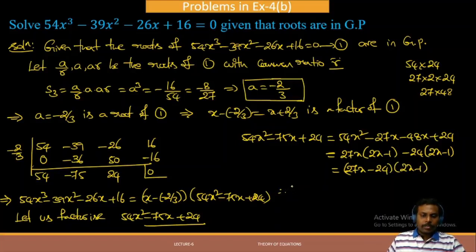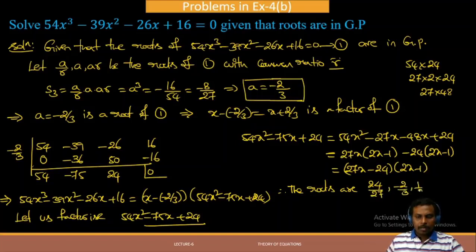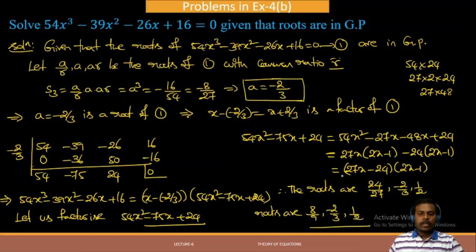So therefore the roots are, one root is minus 2 by 3 and the other two roots are 24 by 27, 1 by 2. So the roots are 8 by 9, minus 2 by 3, 1 by 2. So these are the roots of the given equation.